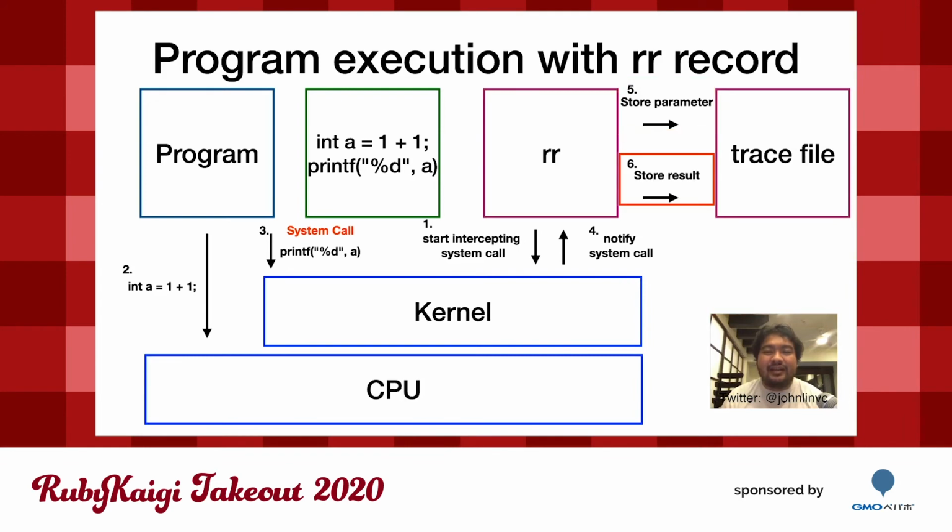After that, RR will store the result of the system call to the trace file. So this is how RR gathers all the trace data from the kernel. It's using ptrace to get all the system call parameters and results.